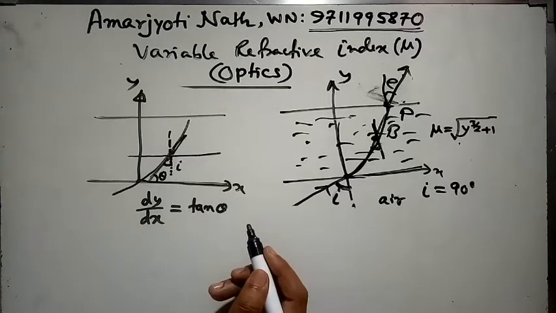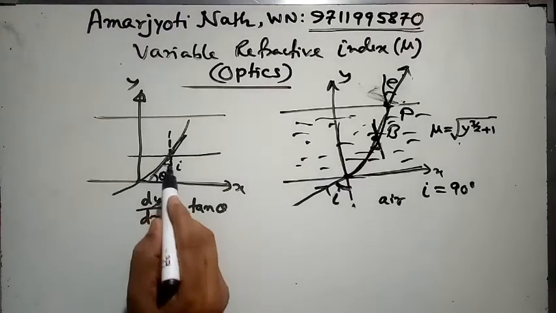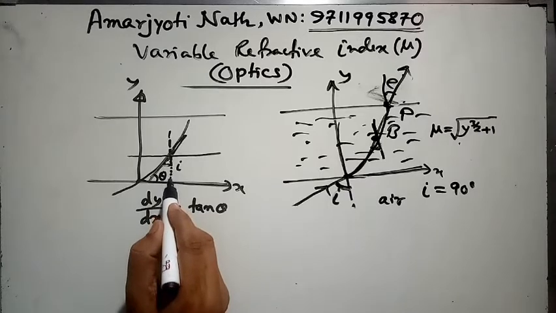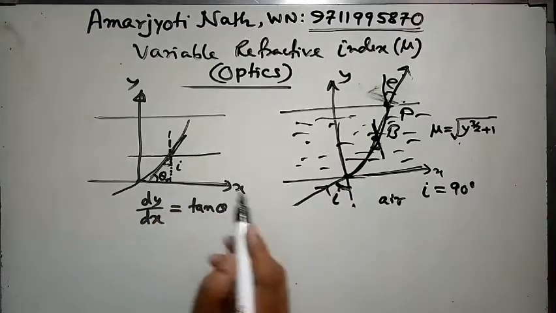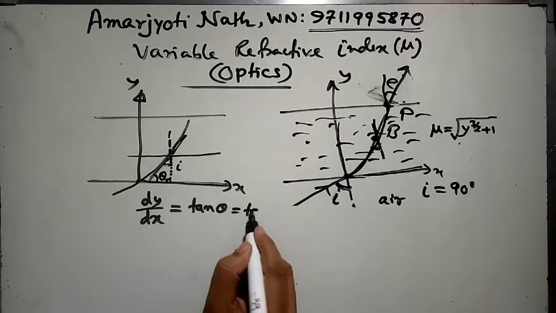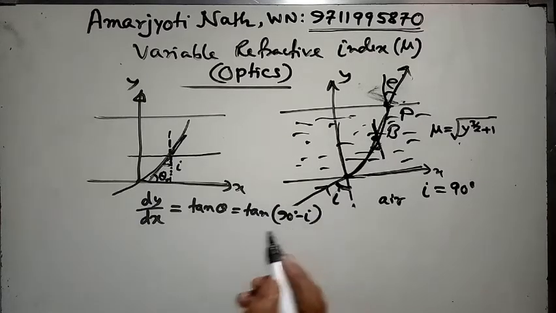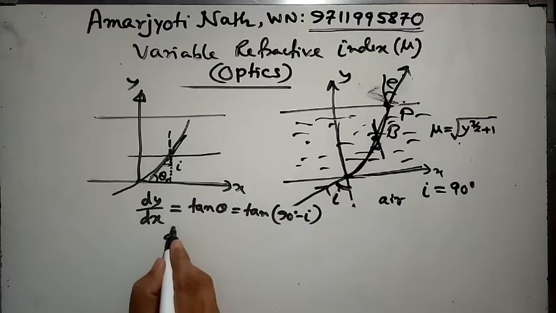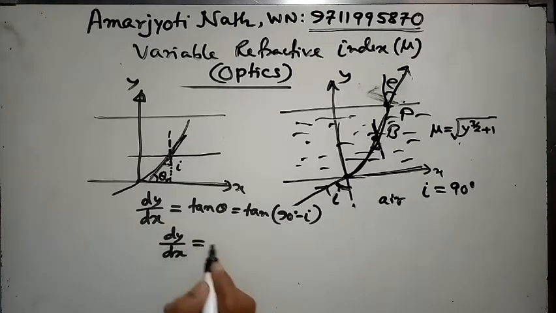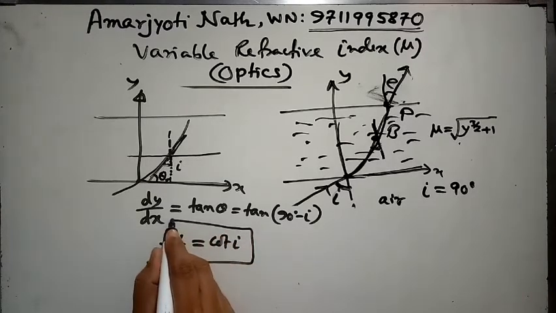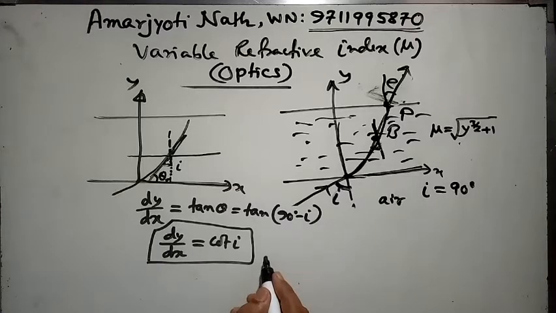But I know that theta is nothing but 90 minus I, because this will be 90 degrees. So it can be written as tan(90 minus I). So finally dy upon dx equals tan(90 minus I), which is cot I. So the first answer is found.